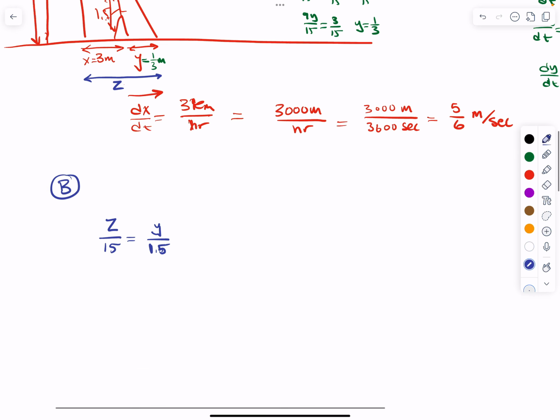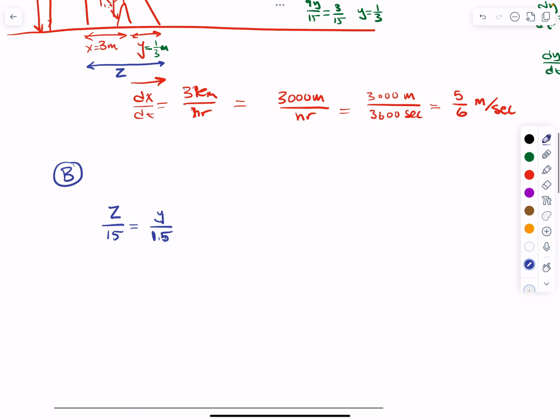Now we can do the related rates here. So this will be 1/15 dz over dt is equal to 1 over 1.5 times dy over dt.